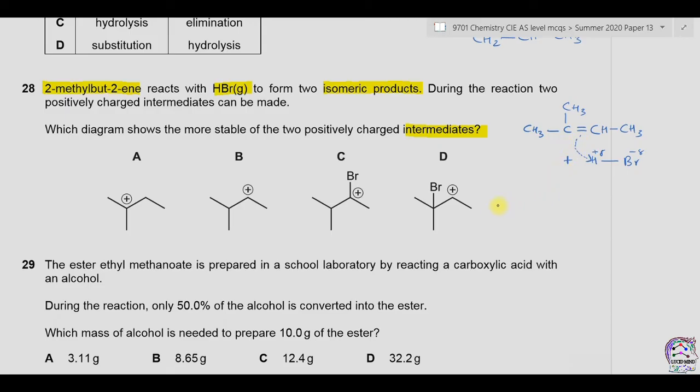Now for the product there are two possibilities. One is that hydrogen combines with the first carbon atom and second carbon becomes the positive ion. Second possibility is that the hydrogen attaches itself to the second carbon atom and cation is formed on the first one.